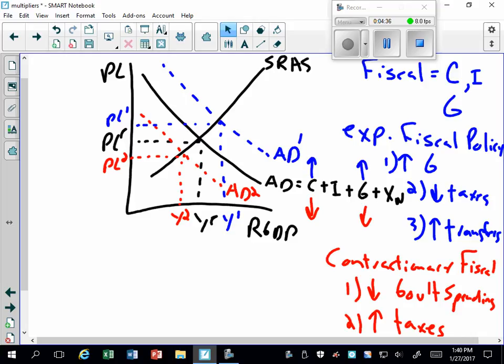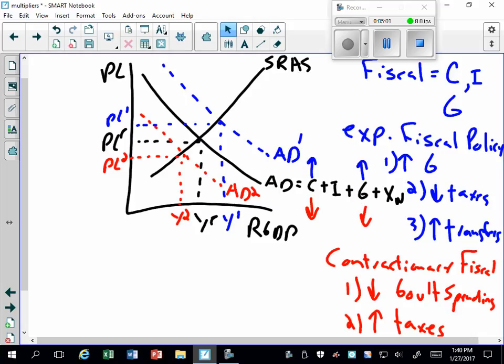Fiscal policy basically comes along and is like a government intervention into the system. And usually it's used if there's a recession or inflation. That's how they're going to ask you. In theory, you could start from full employment and they could just ask you to do something that you would recognize as fiscal policy, maybe increase spending or increase taxes, and that can move an aggregate demand curve, and the question can go from there.